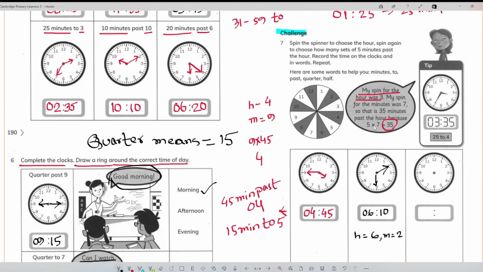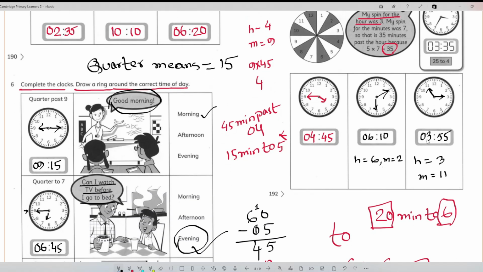Again moving. The hour is showing 3 and the minute is showing, suppose, 11. So here is 3 and 11 means 55, right? So this one we can say 03:55.